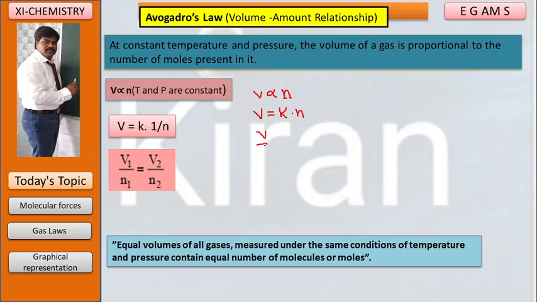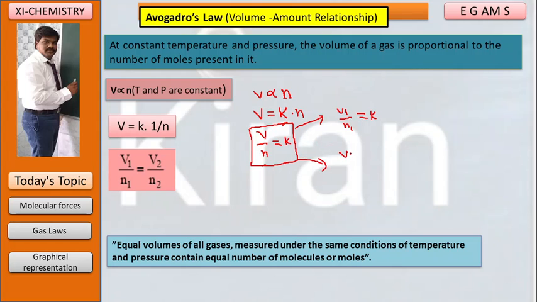So V by n is equal to K. Based on this, you have to give the definition for Avogadro's law: at constant temperature and pressure, the ratio of the volume of a gas to its number of moles is equal to one constant, K. For example, V1 by n1 is equal to K.